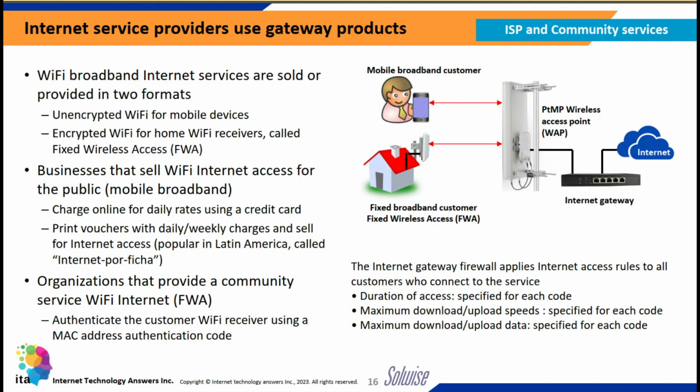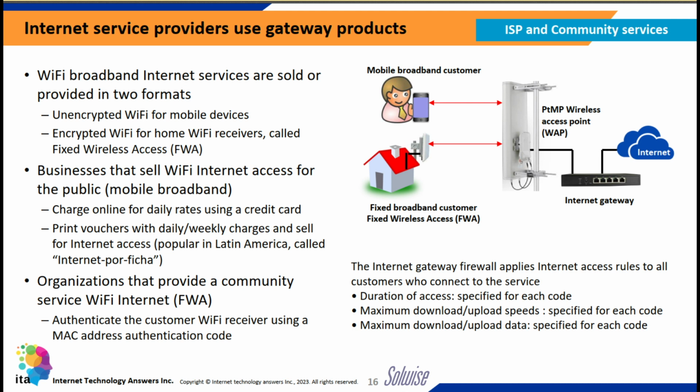ISP and community services. Well, I mentioned this a few minutes ago. These are companies that provide a Wi-Fi service for communities where there really is no alternative. And we see this a lot in rural areas around the world, not necessarily in the United States and Europe, but outside those areas.